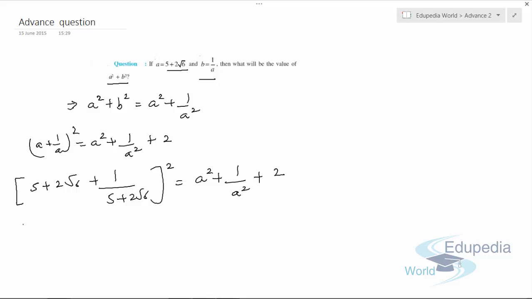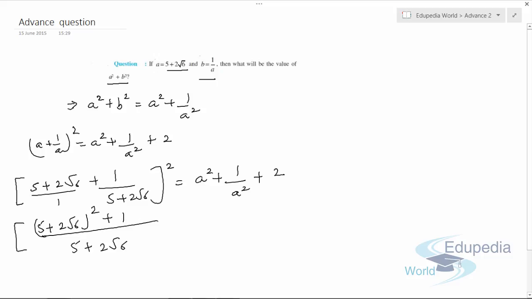Now what we have to do further is take the LCM. So the LCM is 5 plus 2 under root 6. So here the answer will come out to be (5 plus 2 under root 6) square plus 1 whole square equals a square plus 1 by a square plus 2.